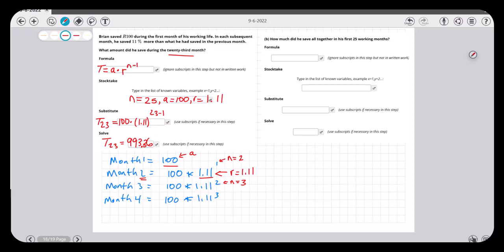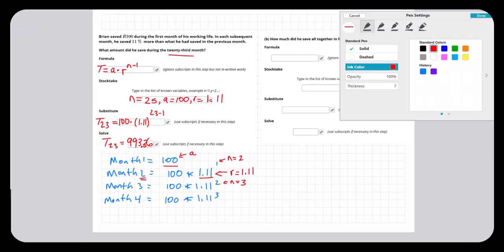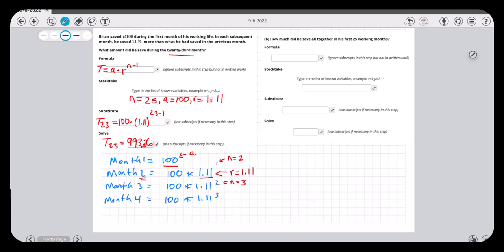Now this other formula here is showing there's actually a quicker way that you can do this sequence, and that is in your reading, which is my sum: A times 1 minus R to the N, divided by 1 minus R. Noticing that, I'm going to use this formula now.